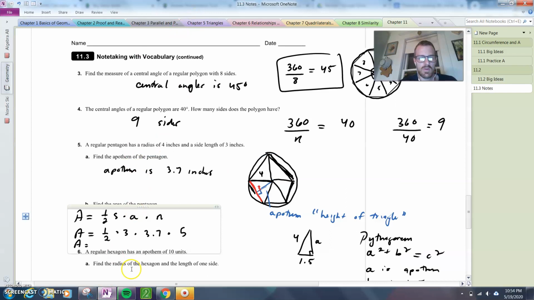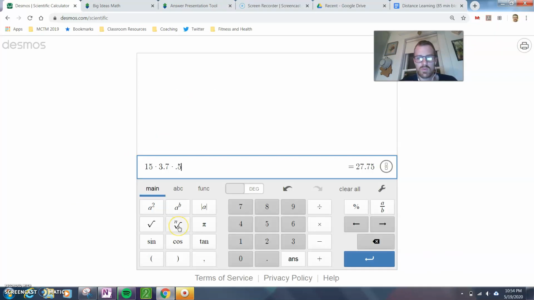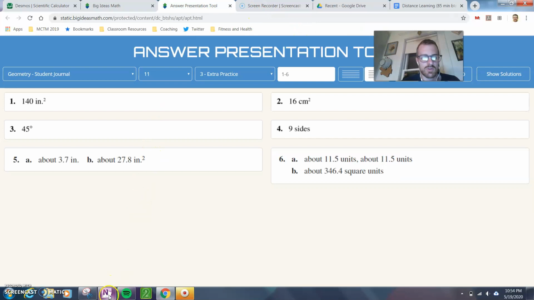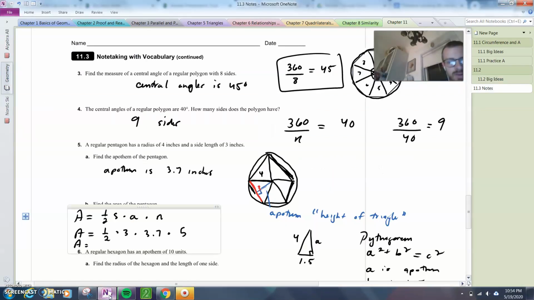Yeah. 27, you round to the nearest tenth. We're going to do that again. We're getting 27.8 inches squared. So I'm going to try to sneak this in here. It is 27.8 inches squared.